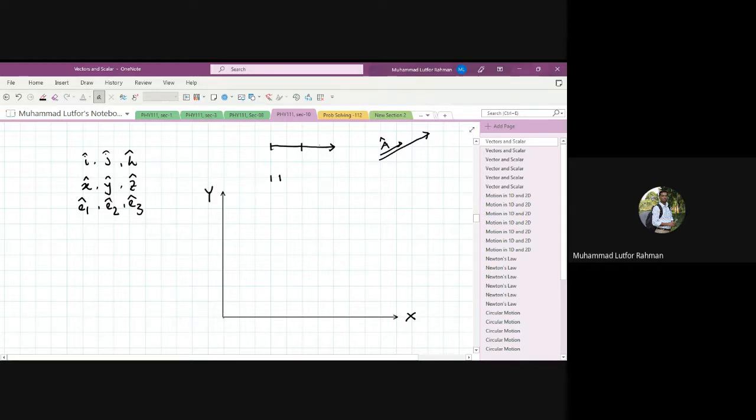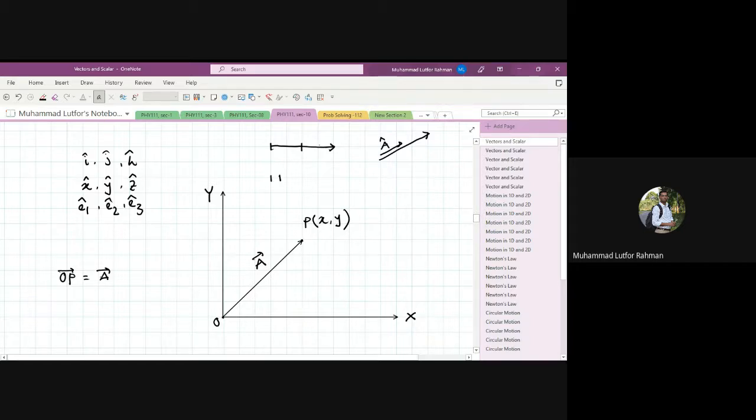Say this is the origin, and I have a point P over there, and the coordinates of this point are x and y. And I want to express this vector OP by a symbol, say the letter A. It means that the OP vector equals the A vector. I need to express that.